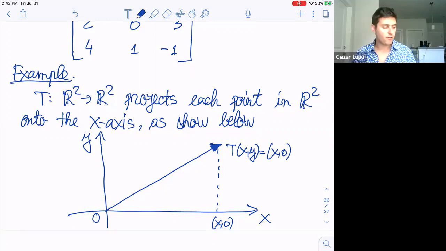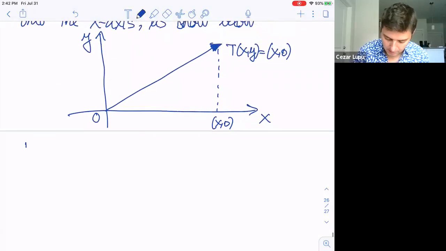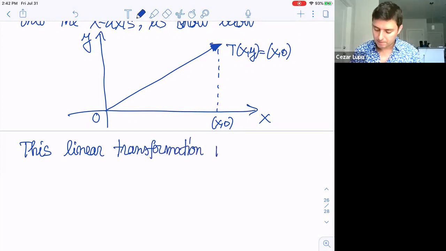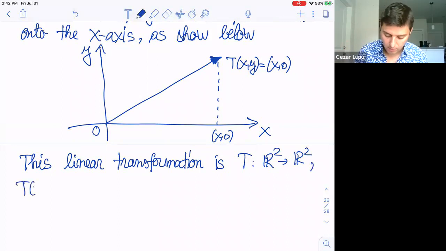Well, this is a linear transformation from R2 to R2. The only difference when you project on the x-axis is that the second component will be 0. In other words, T of x, y will be x, 0.